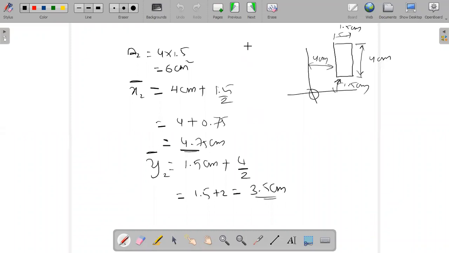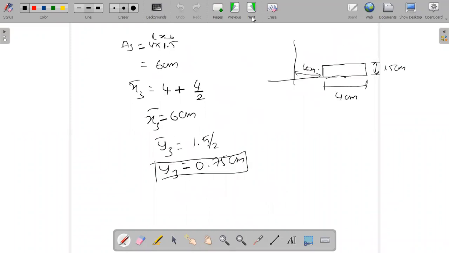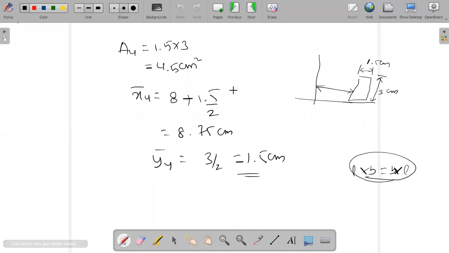Y2 is equal to 3.5. Next, A3 is equal to 6. X3 is equal to 6. Y3 is equal to 1.5 divided by 2, that is 0.75. Very good. X4 is what you have got.